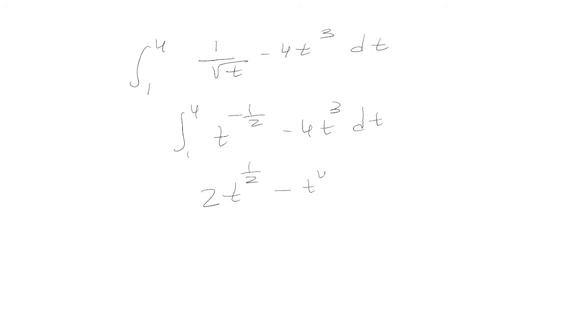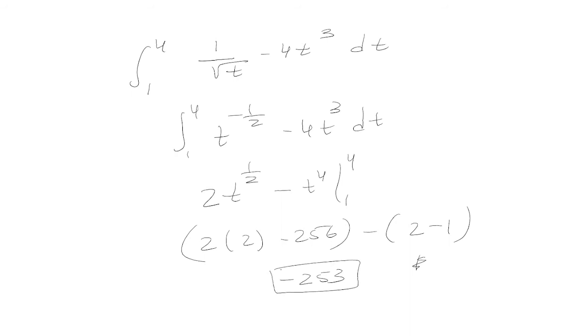And that's going to be minus t to the 4th from 1 to 4. We plug in 4. The square root of 4 is just 2. And then 4 to the 4th is 256. Plug in 1. This is going to be 1. So it's 4 minus 256, which is negative 252. Minus 1 is negative 253.